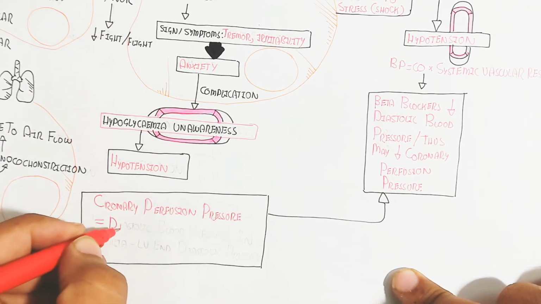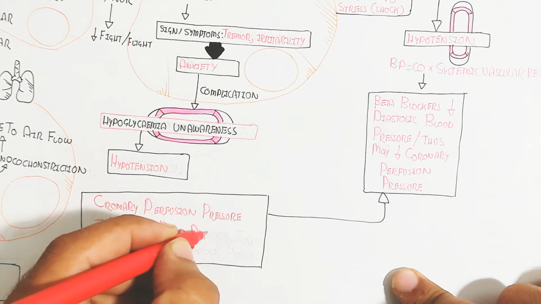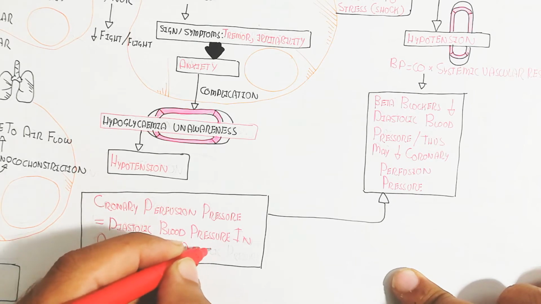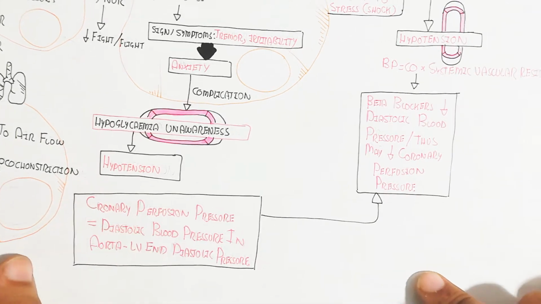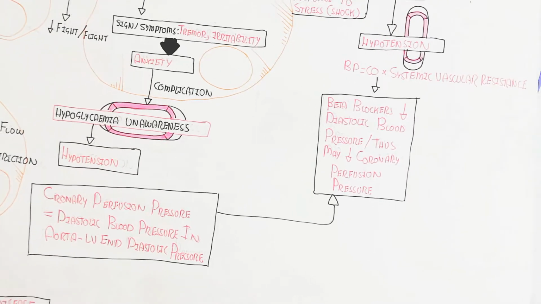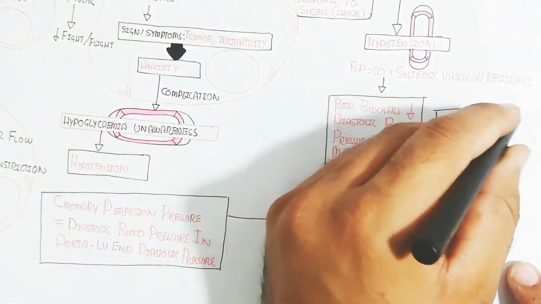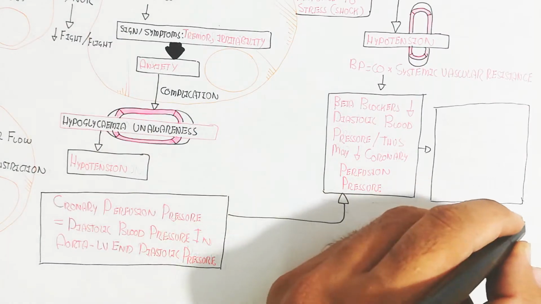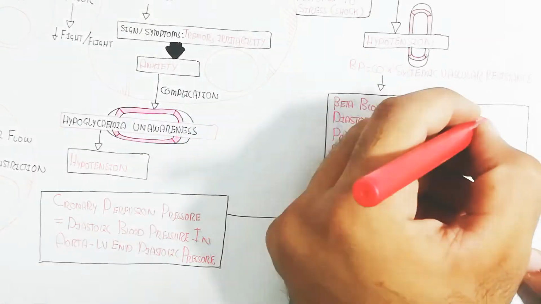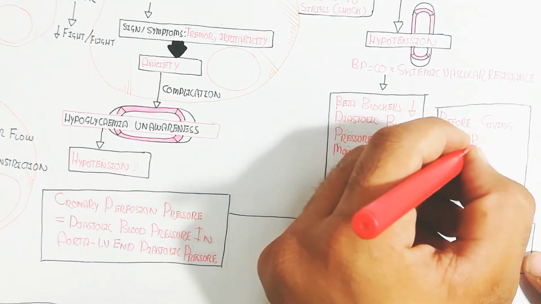The coronary perfusion pressure is equal to the diastolic blood pressure in the aorta minus the LV end diastolic pressure. So beta blockers decrease diastolic blood pressure, and thus may decrease the coronary perfusion pressure.